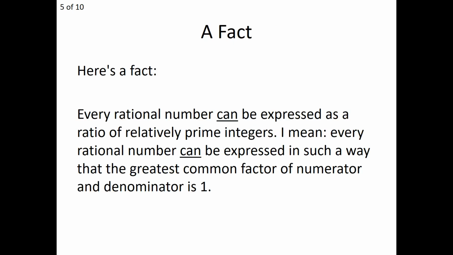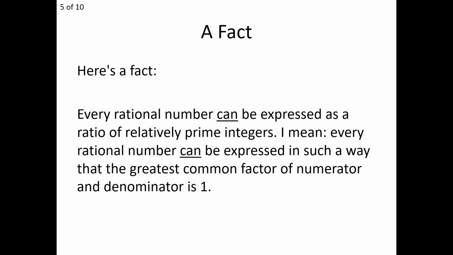Here's another fact. Any rational number can be expressed as a ratio of relatively prime integers. When I say can, it means that if I'm given any ratio, I can express it in a way that the numerator and the denominator are relatively prime to each other.